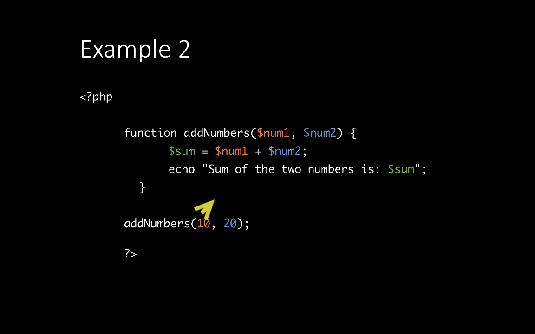So 10 becomes the variable num1, and 20 becomes num2. Notice they're separated by a comma, and you can actually pass several; it's not limited to 2. So sum equals 10 plus 20, and therefore it echoes sum of the 2 numbers is 30.